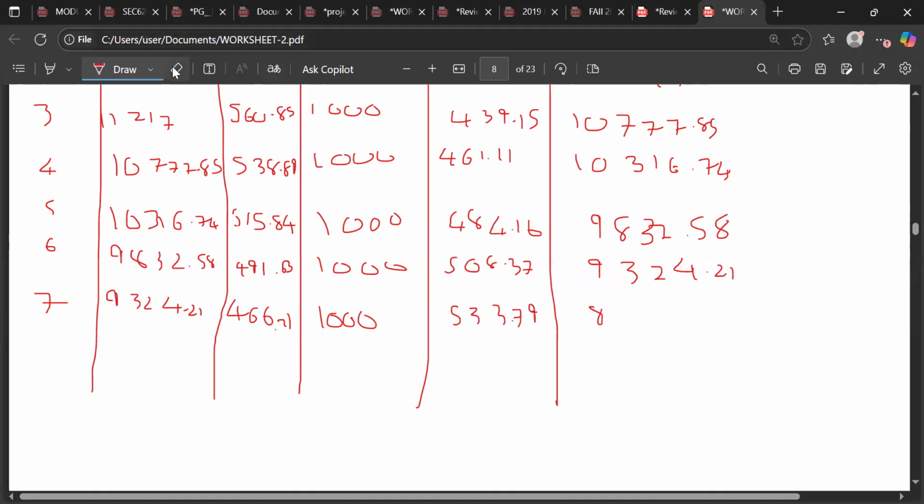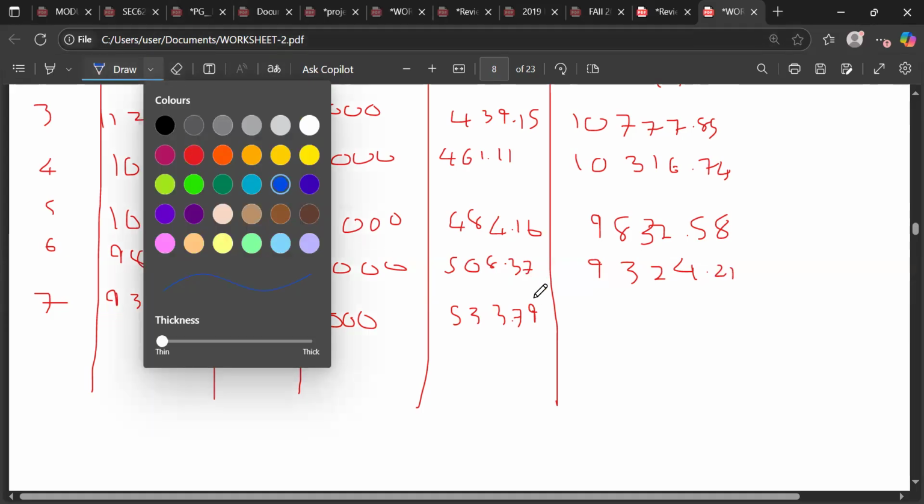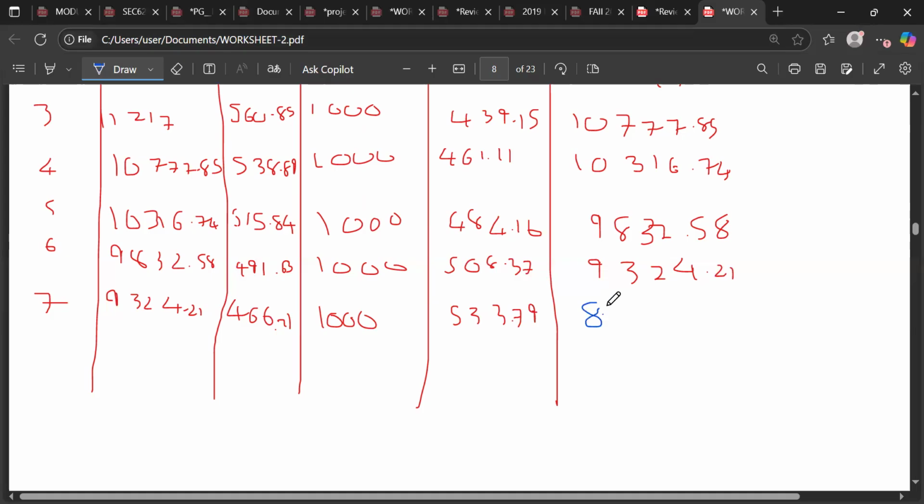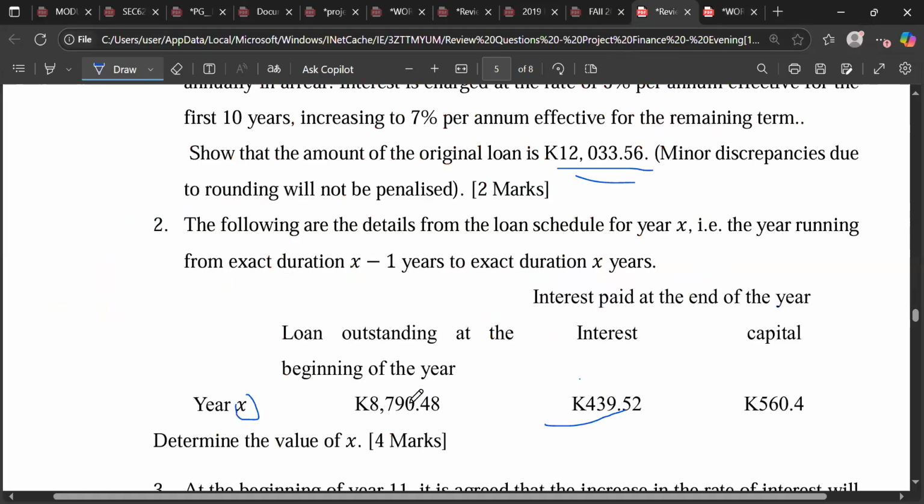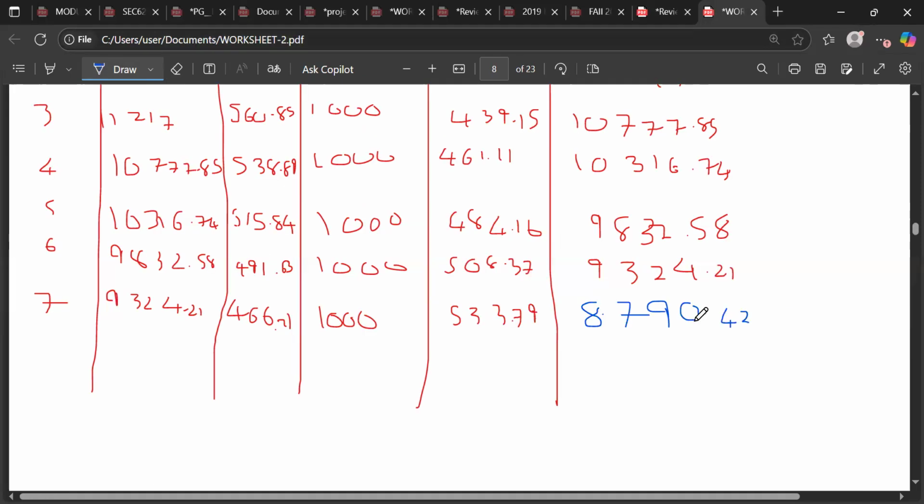We're getting 8,790.42. And this resonates with what's in the question. It's just close because of rounding off differences, but it gives us 8,790.4 as what we need there.